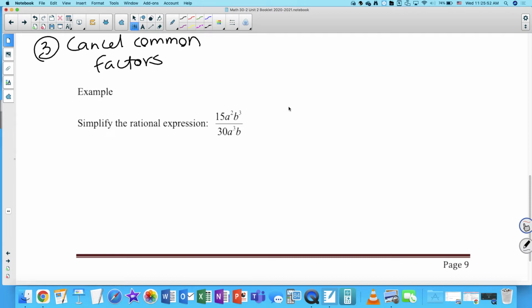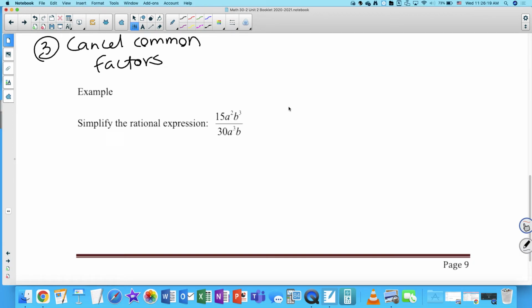Now, some people do actually find it helpful to expand the factors. So instead of writing 15a squared b cubed, you would write 3 times 5 times a times a times b times b times b over whatever the denominator is. So you can do that if you want, if it helps, or you can just think about your exponent laws. Okay, so I'll show you how to do it both ways.